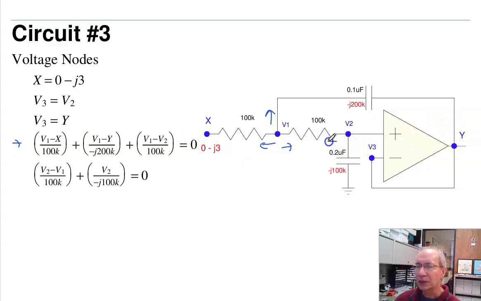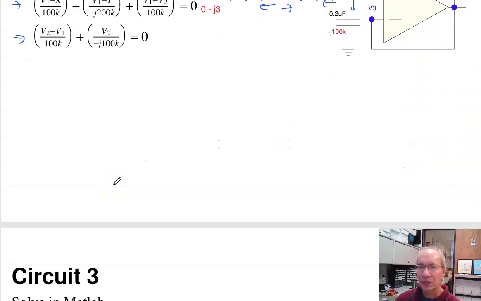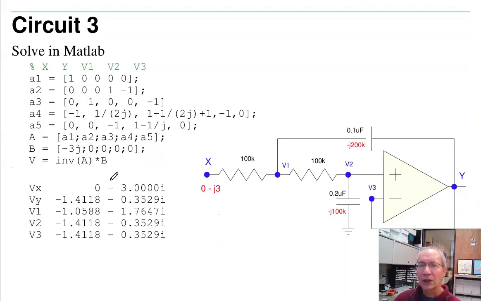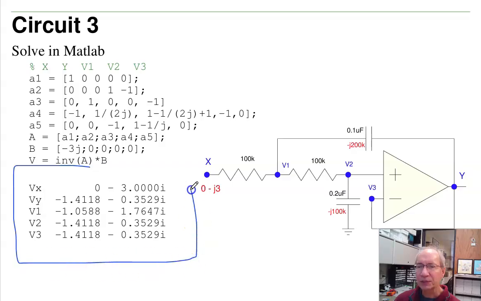And at V2, current left plus current down equals 0. That's this equation. Gives me 5 equations, 5 unknowns. Grouping the terms, throwing it into MATLAB, solving. Here's what I get for the voltages. Again, same thing we did in ECE, only now using complex numbers.